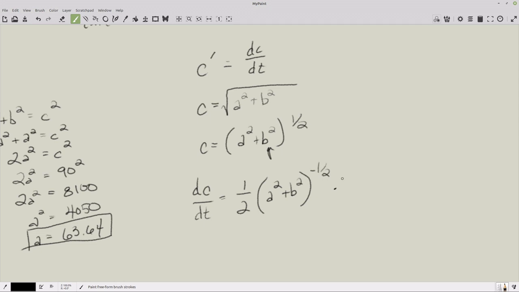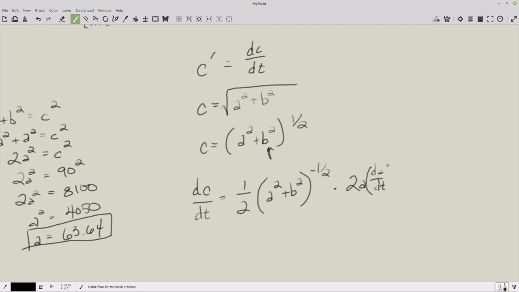And then you multiply, this is the chain rule, you're going to multiply by the derivative of the inside of those parentheses. So if I take the derivative of those parentheses, a squared will become 2a, and this is going to be the derivative of a with respect to time, because we know that a is changing with respect to time. And then b just turns into nothing. B is a constant, right? So that just goes away.